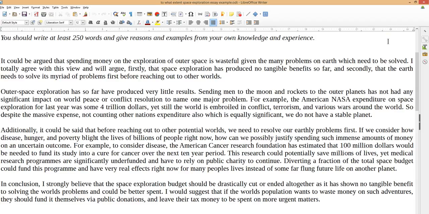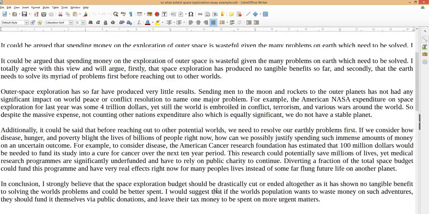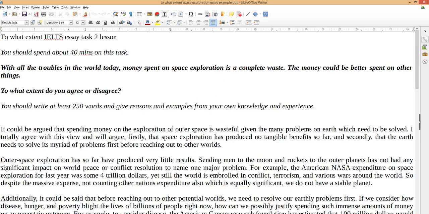But you will see though that in this essay, my opinion is in the introduction. I totally agree. Main idea 1, main idea 2, and then my opinion is expressed once again in the conclusion. So that's basically the difference between the two.